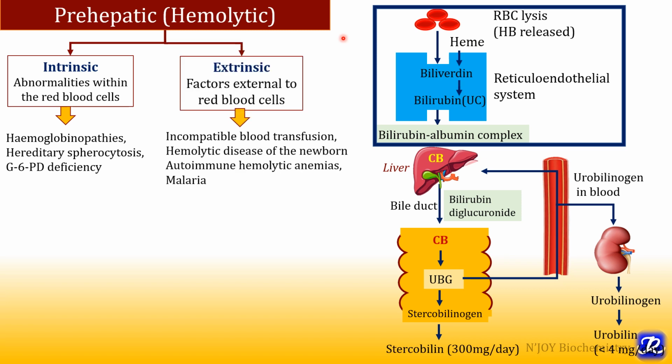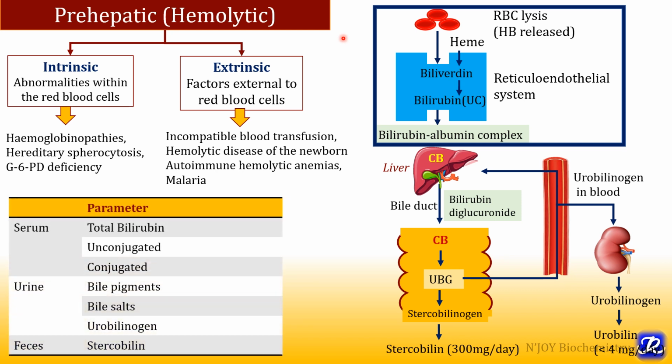Now, the causes can also be extrinsic, factors external to the red blood cell. For example, incompatible blood transfusion, hemolytic disease of the newborn, autoimmune hemolytic anemias, and malaria. So these are the various causes of prehepatic jaundice, which is also called hemolytic jaundice.